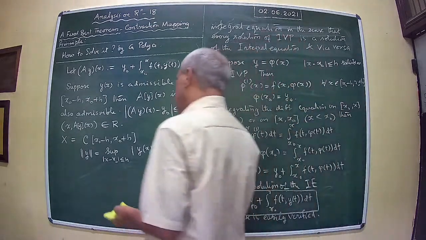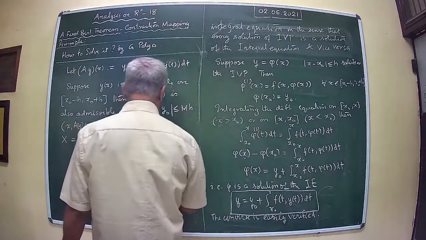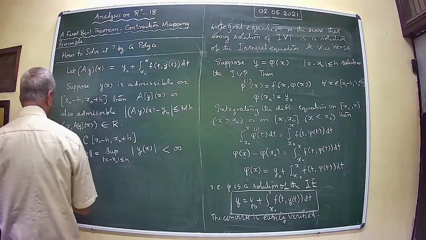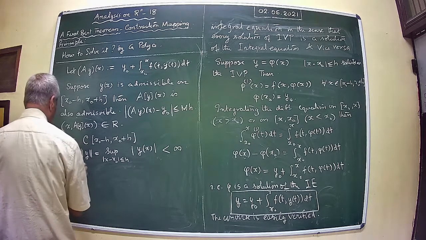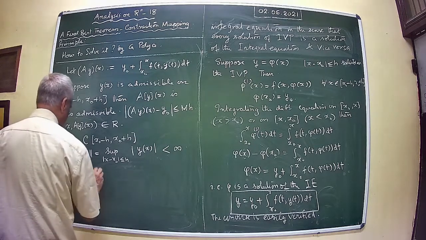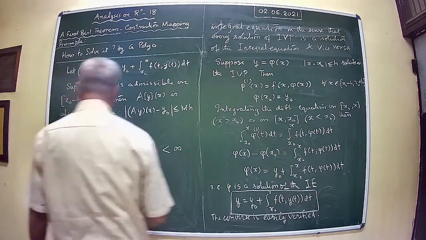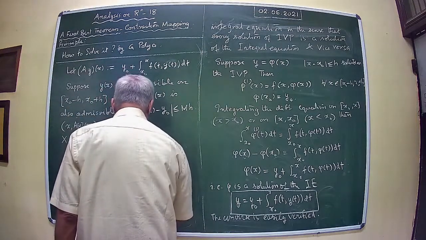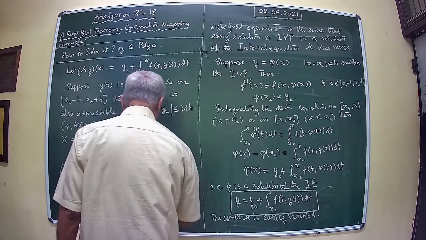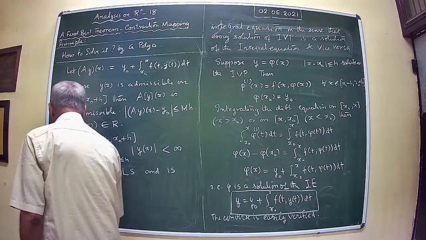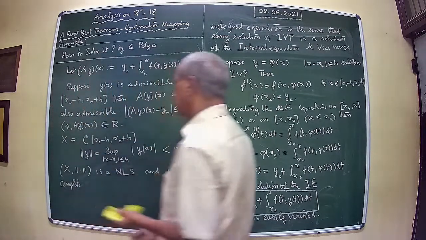Now you can say that this is finite. Okay, this is then what you call a normed linear space, and it is complete. This is a major theorem.